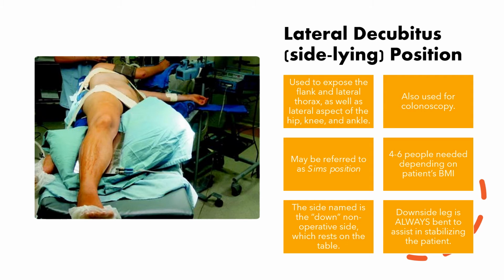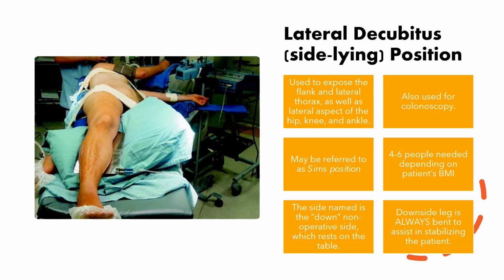One person's going to be responsible for the lower legs and feet, one person's going to be responsible for the pelvis, and one person's going to be responsible for the thorax, which includes the shoulders. The anesthesia care provider is always going to be in charge of the head and maintaining the airway.